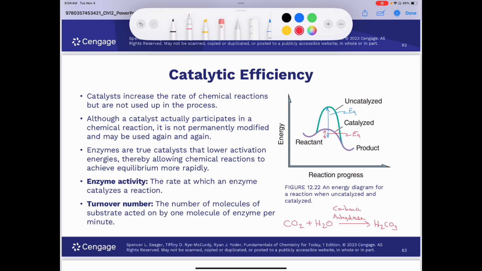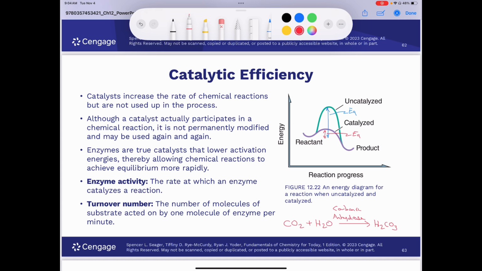And you see the reaction shown down here in the bottom right-hand corner. In the absence of the appropriate enzyme, the carbonic anhydrase, the formation of carbonic acid takes place much too slowly to support the required exchange of the CO2 between the blood and the lungs. But in the presence of the carbonic anhydrase enzyme, this vital reaction proceeds very rapidly.